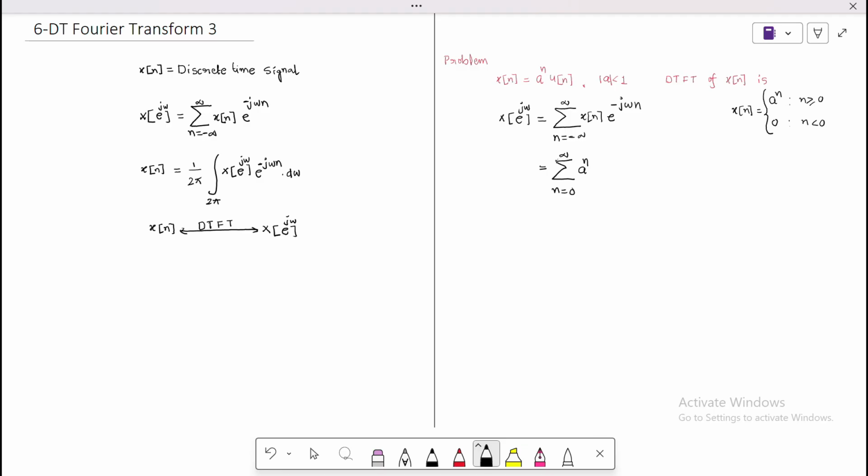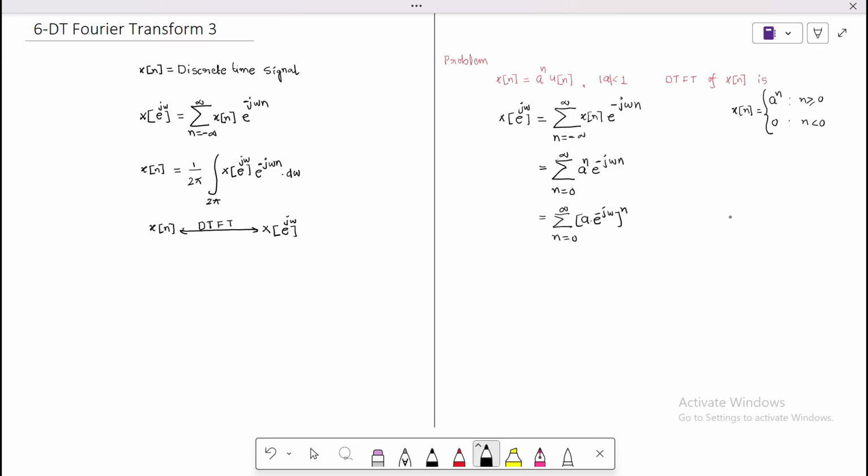Because u of n has magnitude for the positive values from 0 to infinity, here there is no need to write the u of n. You should remember. Then the next term is e power minus j omega n. Both have power n: a to the power of n, e power minus j omega whole to the power of n. So n from 0 to infinity, a into e power minus j omega to the power of n.